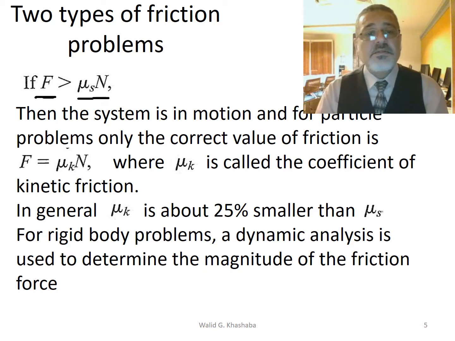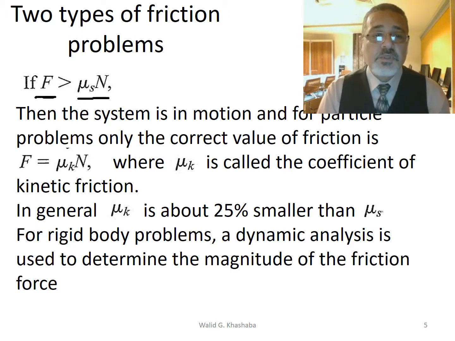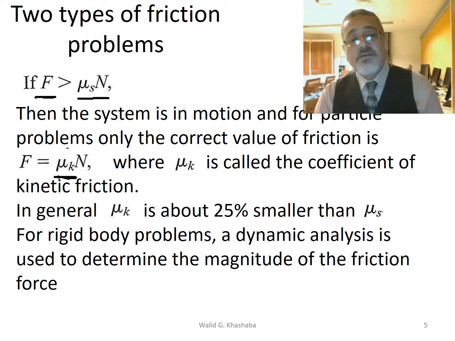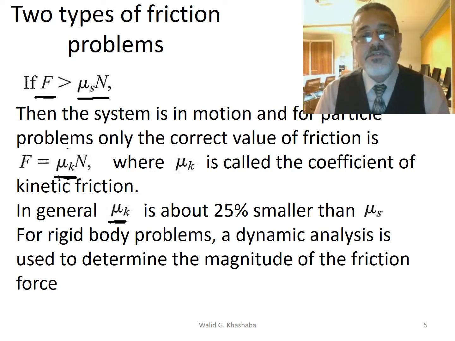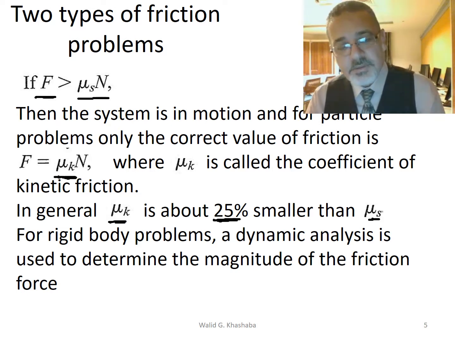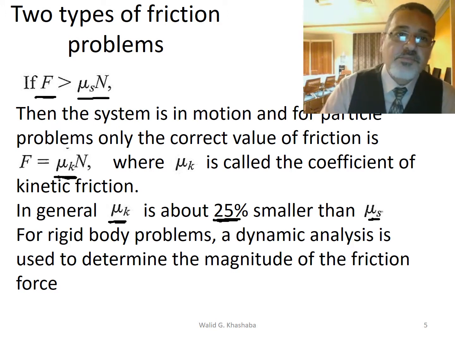In this case, we will call it mu k, the coefficient of kinetic friction. Anyway, mu k is about 25% smaller than mu s for any rigid body.